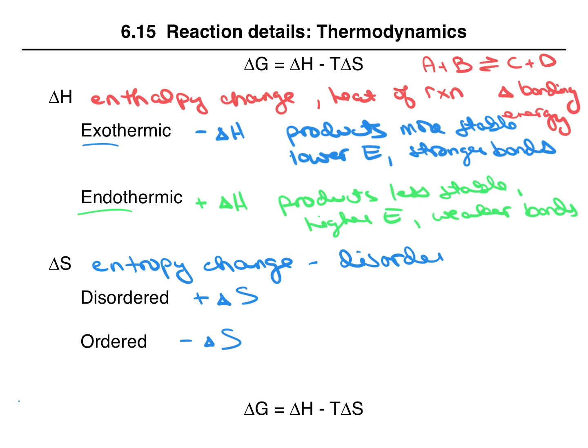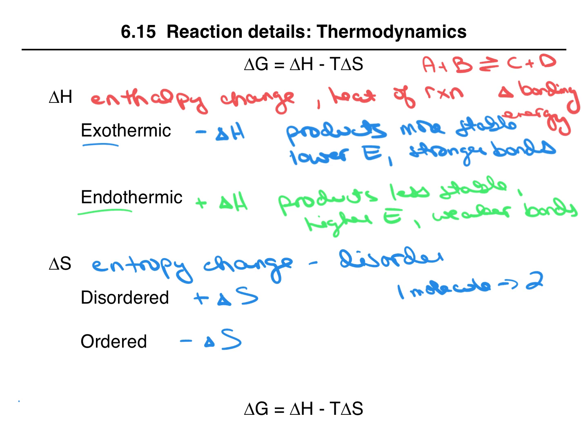In terms of reactions, one way to think about entropy, one way to think about disorder, is the idea of the number of molecules. If we are going from one molecule to two, then there are more possible arrangements for these two molecules to be, and so the products would be more disordered than the reactants.